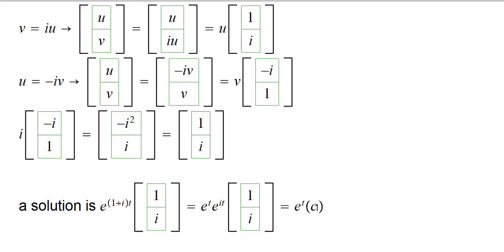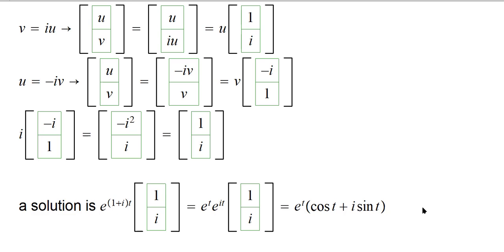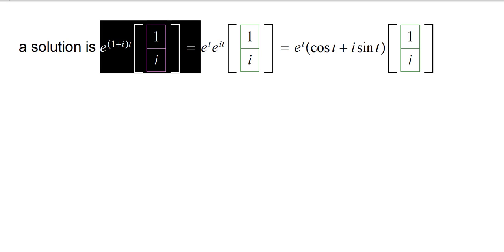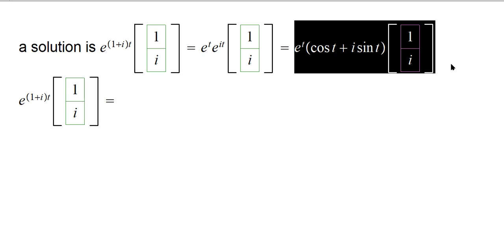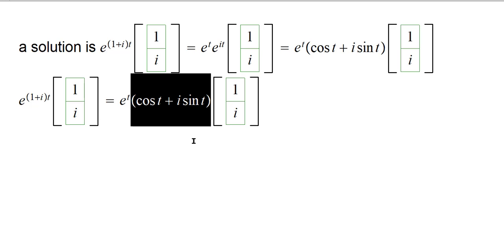Remember, by the very famous Euler's formula, this is simply cosine t plus i sine t, and then we have all that multiplied by this vector. Let's just do a little bit of algebra, not too much. It should be over pretty soon. So we multiply these out.